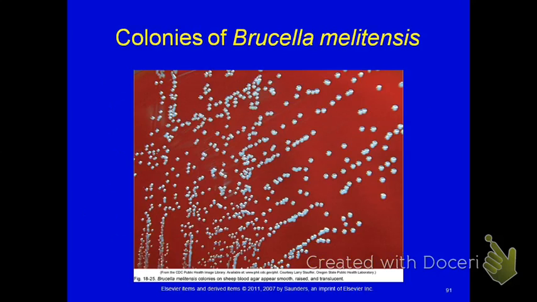Here would be the colonies of Brucella melitensis as shown in a blood agar plate. Take note of the presence of smooth, raised, and translucent colonies.